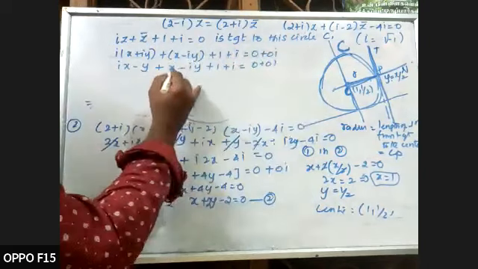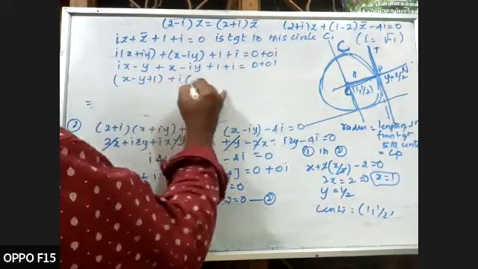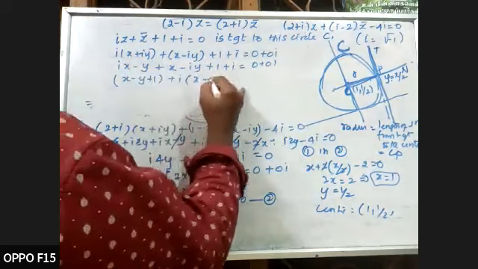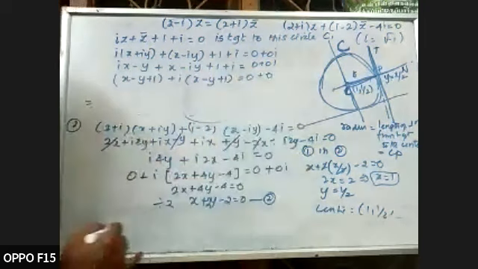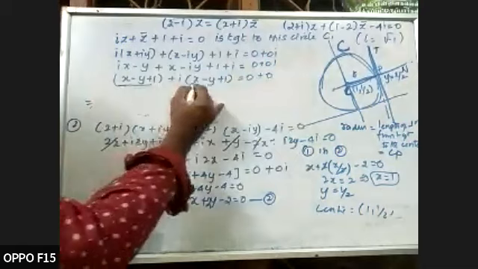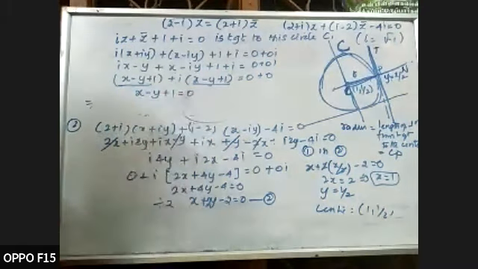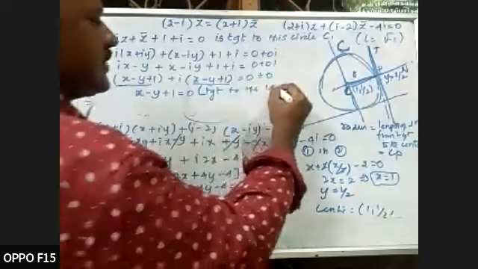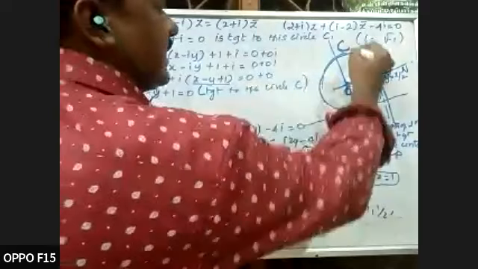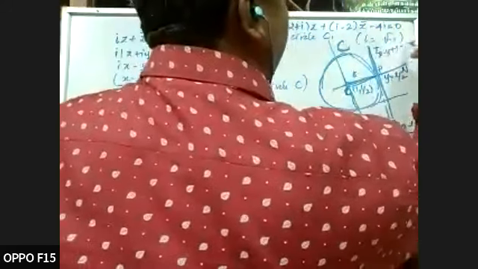Now take the real parts: x minus y plus 1 is the real part. The imaginary part is x minus y, i common, plus 1 equal to 0 plus 0. Both are the same. So from this we get x minus y plus 1 equals 0, the tangent to the circle C.